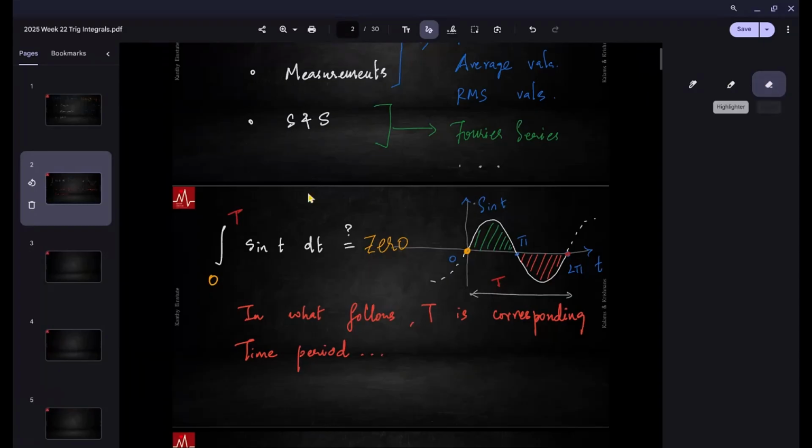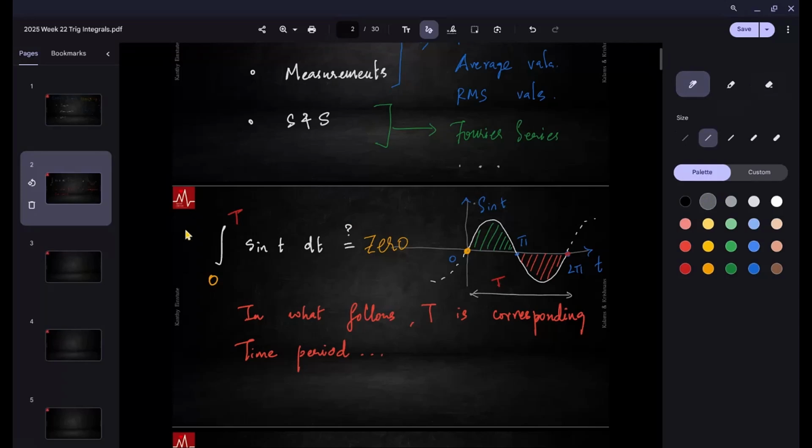This is important because the way we are answering is that the two areas cancel.